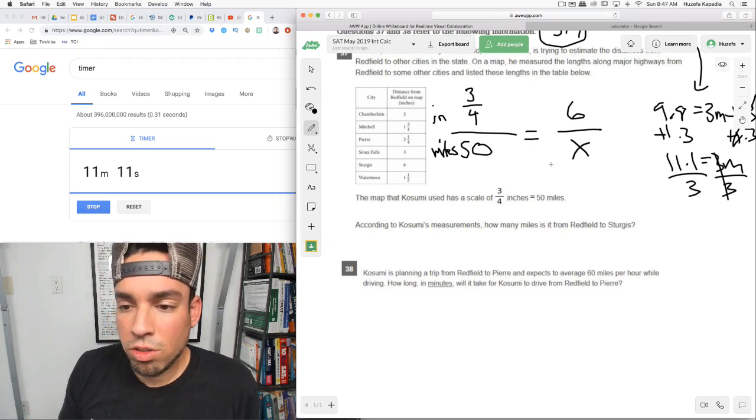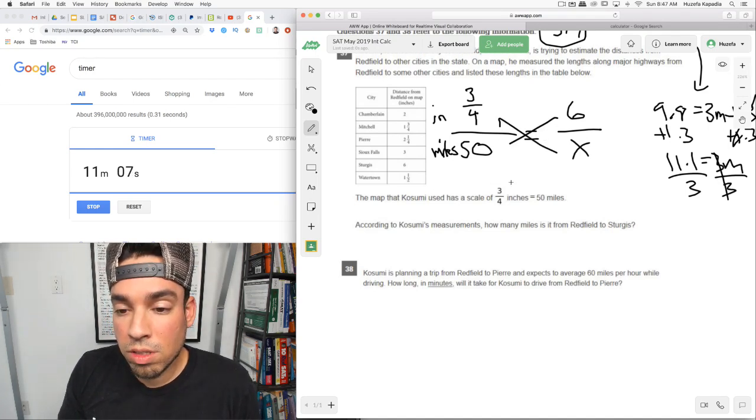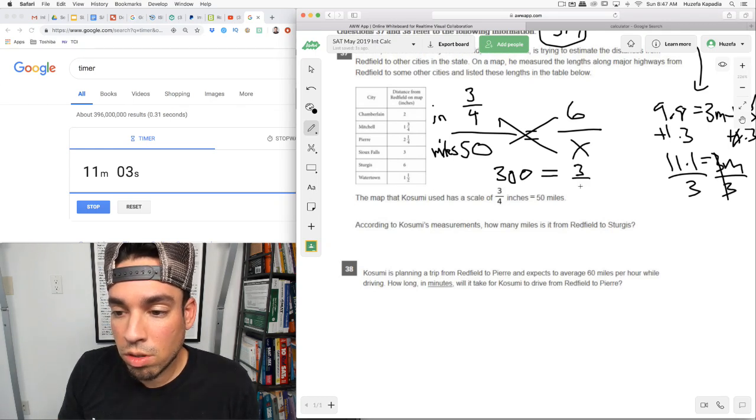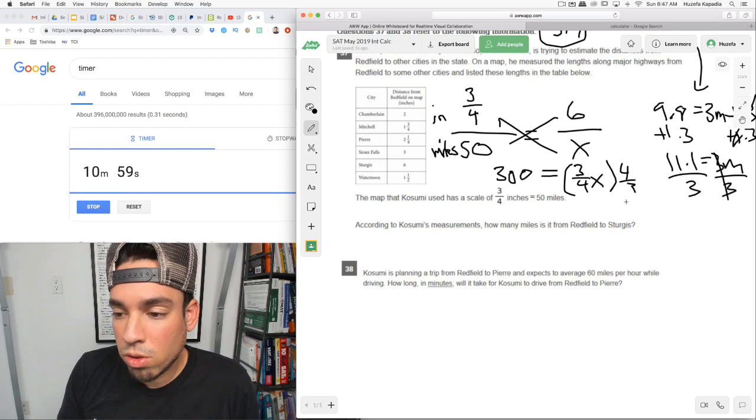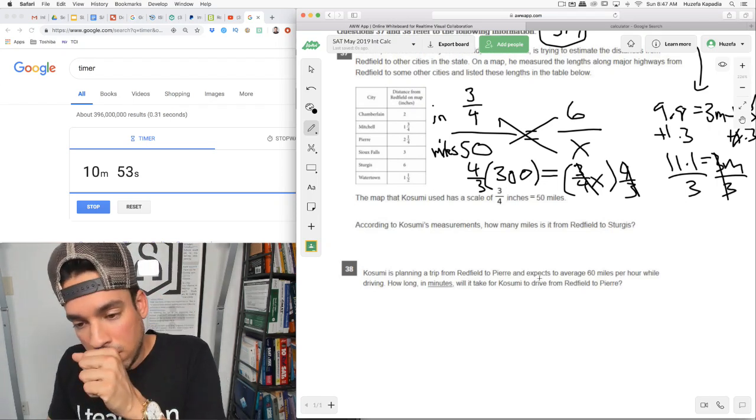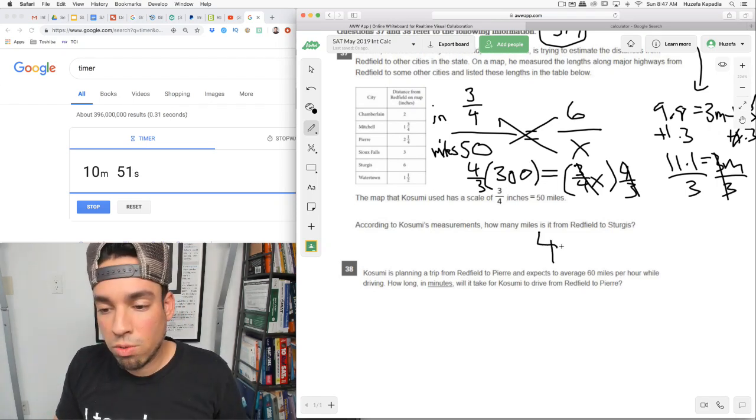I think I understood this question right. So now look, we got a nice proportion, and we can just cross multiply. 6 times 50 is 300 equals 3/4 x. To isolate x, we multiply both sides by 4/3. Do this on a calculator if you're unsure, but 4/3 times 300 is 400.